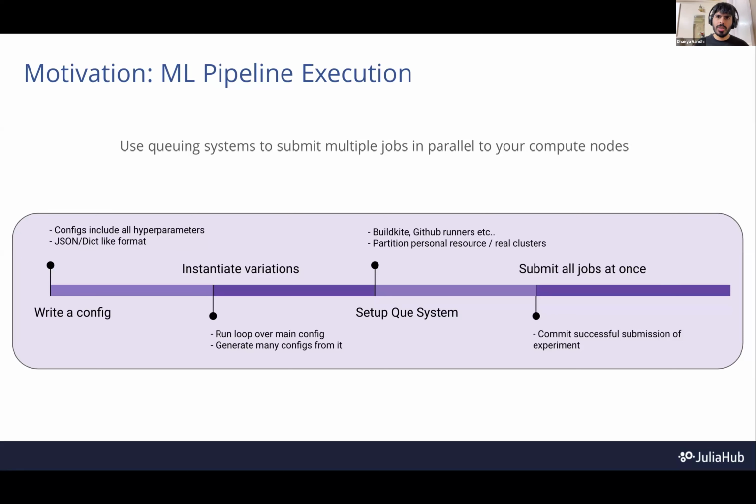We want to be able to ask for computational resources from say a cloud backend or a compute backend, such that we have the amount of scalability we will need for these parallel queue systems. And then finally, we want all of the results to be accumulated in a manner that we can actually go back and look at.